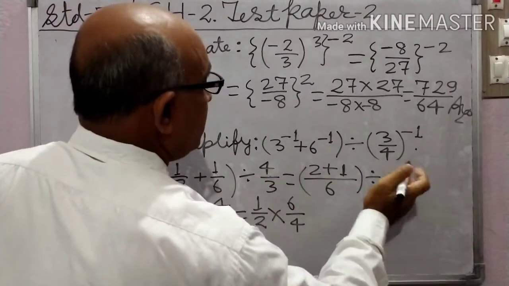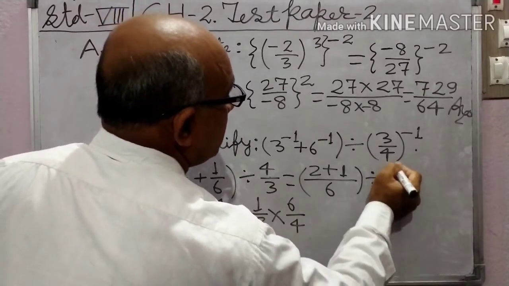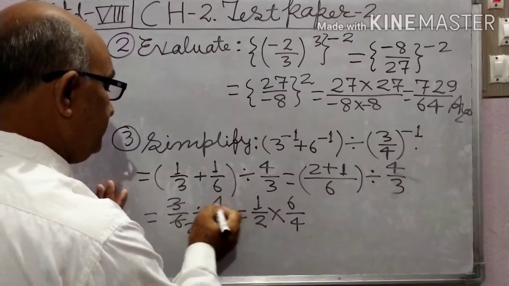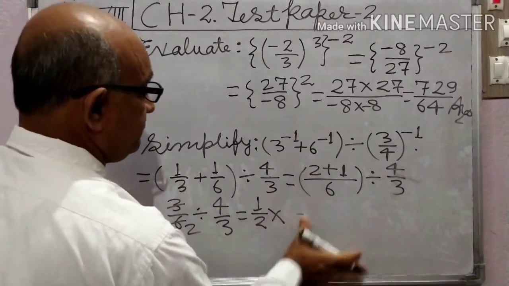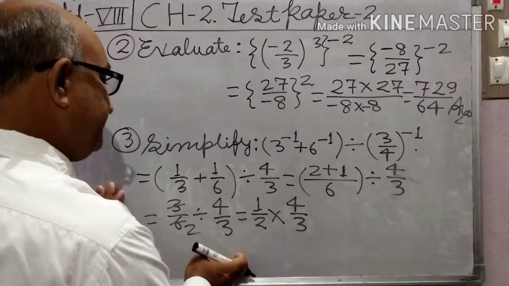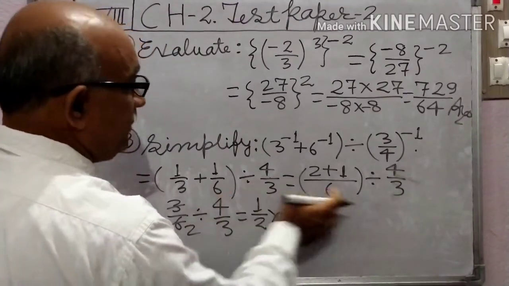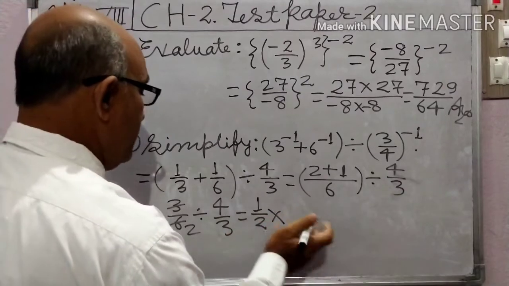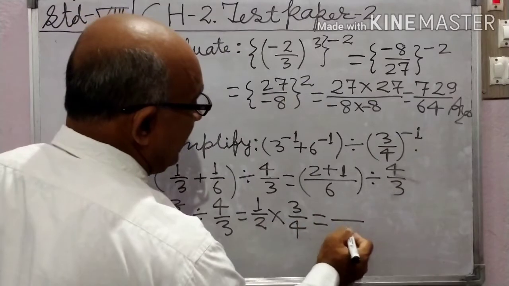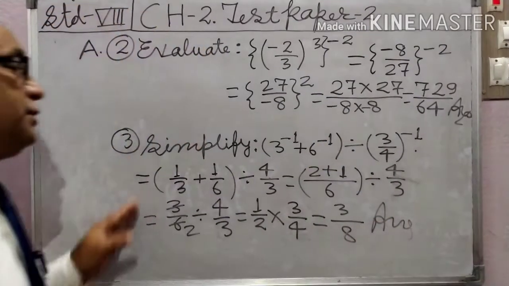Sorry, it is not 4/6, it is divided by 4/3. The sign of divide changes into multiply, so 4/3 changes into 3/4. 1/2 into 3/4: 2 4s are 8 and 1 into 3 is 3. 3/8 is the answer of this question.